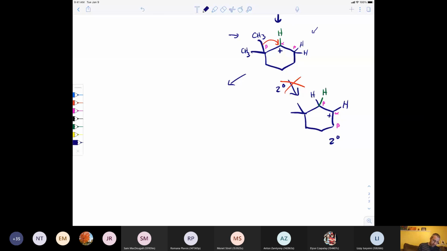So what that would look like is we have our green hydrogen still there. We now have a new methyl that shifted over. We have 1 methyl still at the original place, and the positive charge moves to where the methyl came from. So the positive charge is here.